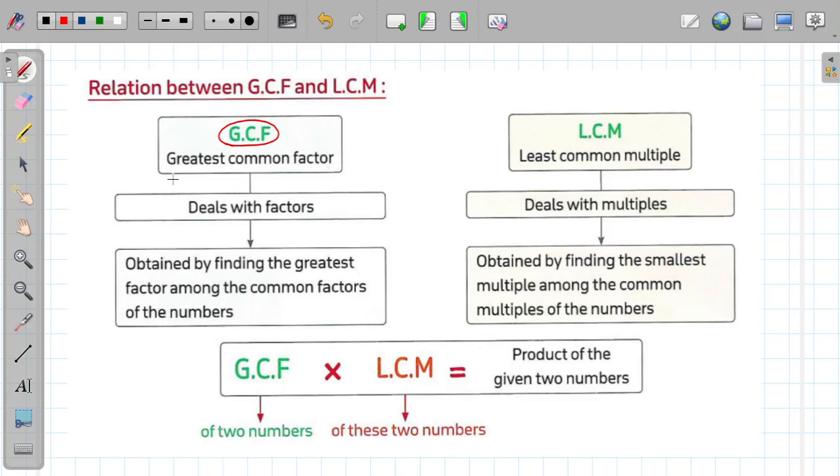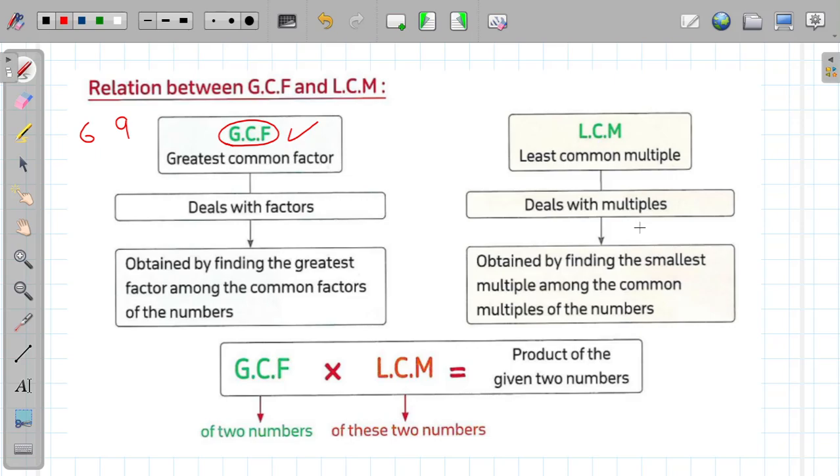So if I want to find the greatest common factor between 6 and 9, I will search for the factors of 6 and the factors of 9, and then I will search for the common factors between the two numbers. And I will look for the greatest one among them, and this is the greatest common factor.